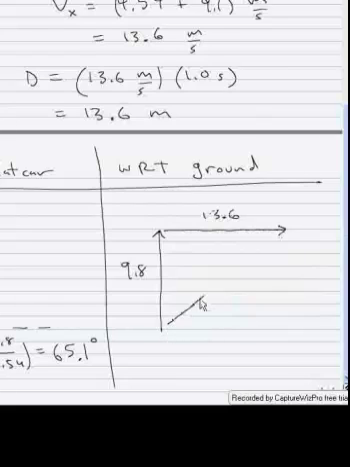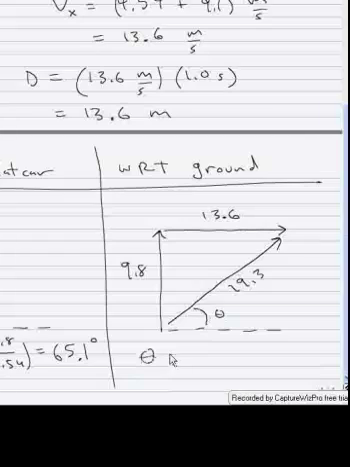That means that the velocity with respect to the ground is actually 19.3 meters per second, and the angle is the inverse tangent of 9.8 over 13.6, which is 35.8 degrees.